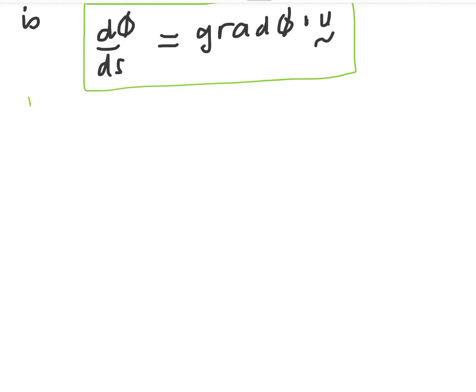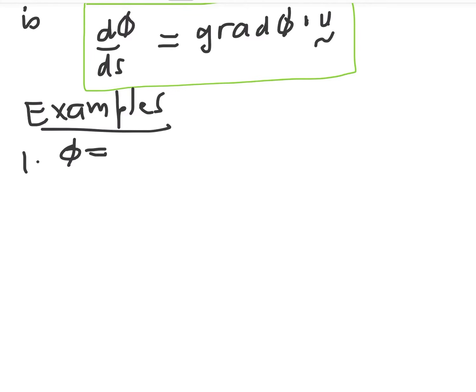Some examples, the first of which is a rather straightforward one, in which you are given the function phi. Let's suppose phi is given by the function of three variables, x squared minus yz.